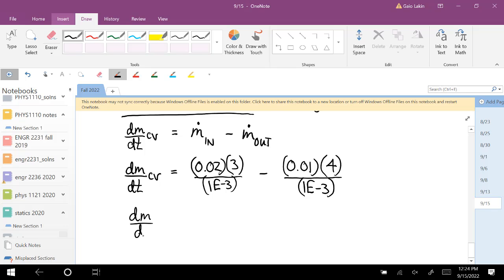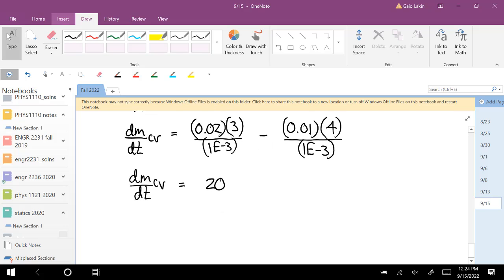So dm/dt is, I think this is 20. And so you can separate the variables and integrate.